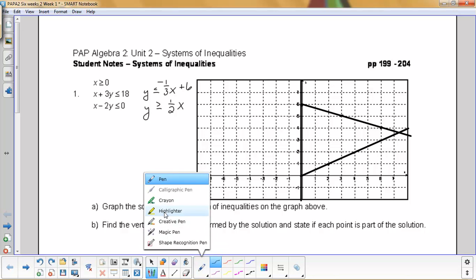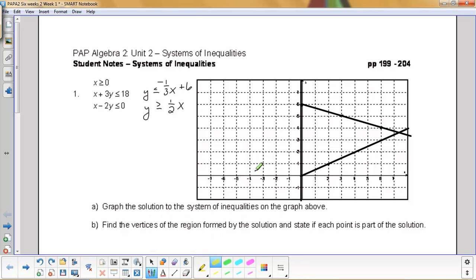Then I will follow that up by shading the appropriate region. Notice it has to be greater than 0. Notice y must be less than 1/3 x, and y must be greater than 1/2 x. So your feasible region is this shaded area.